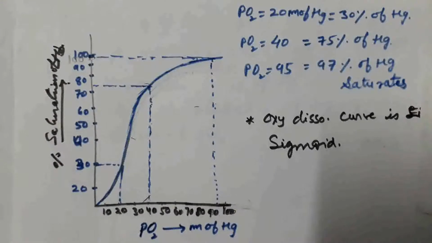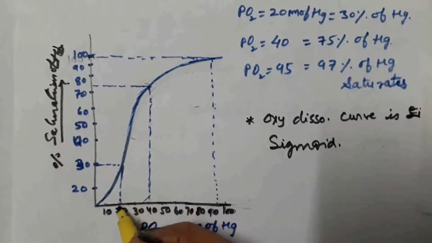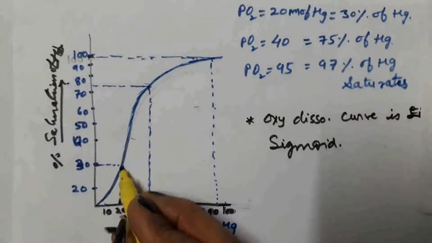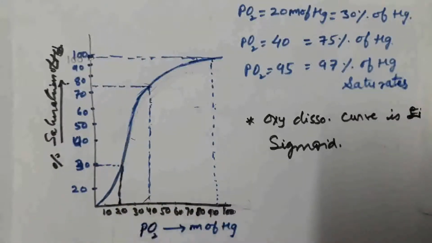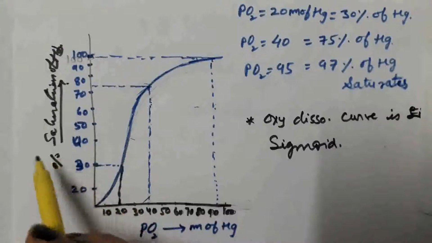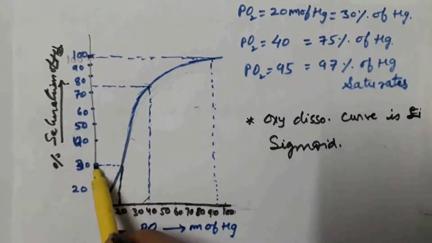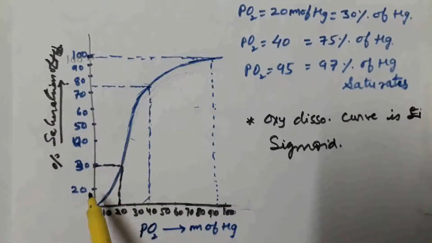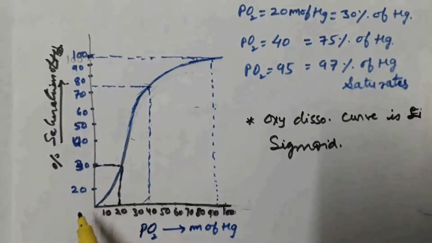What we are observing here: at a partial pressure of 20 mm of mercury, how much percent of hemoglobin is saturated? About 30% of hemoglobin is saturated, or combines with oxygen.